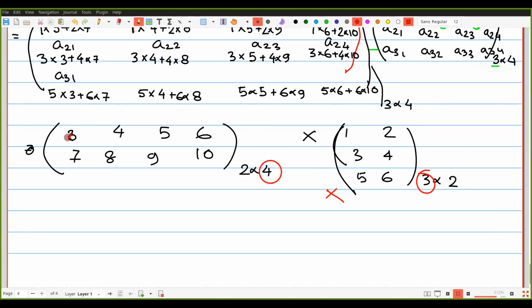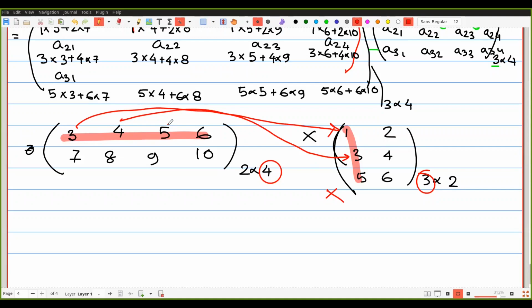Let's check. First row, first column. Suppose I am trying to multiply 3 with 1, no problem. 4 with 3, no problem. 5 with 5, no problem. Then where is 6? With which can we multiply the 6? There is no possibility.